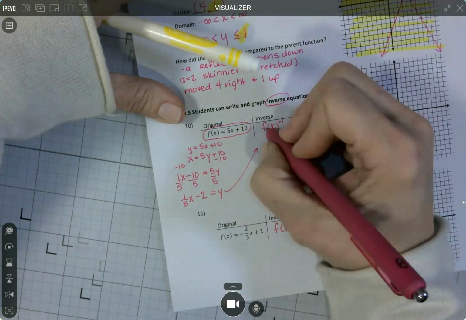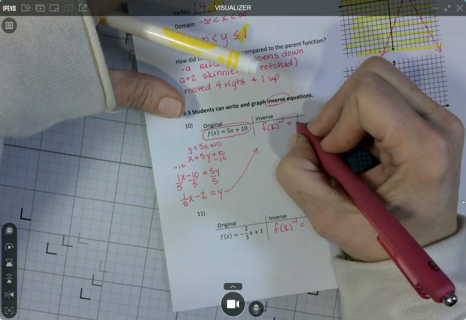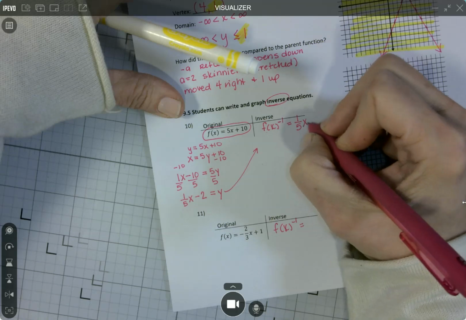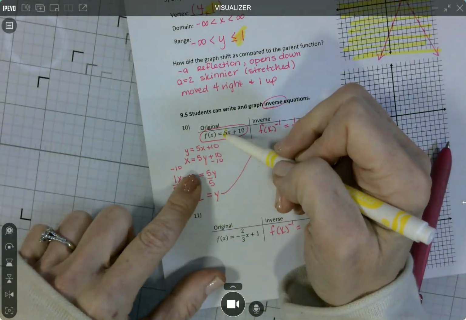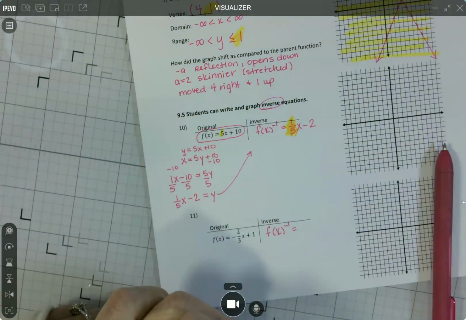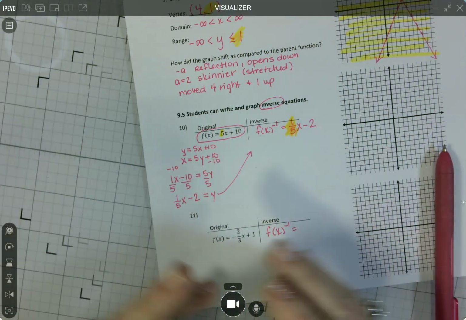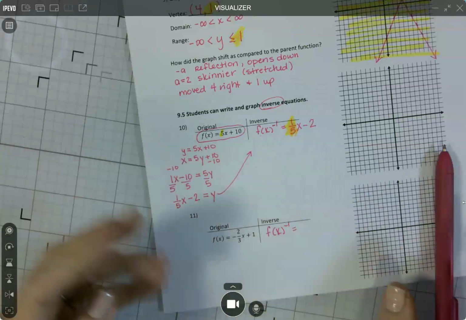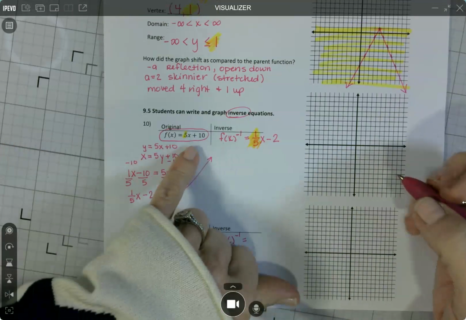And now I'm going to replace that up here. So 1 over 5x minus 2. And remember what we talked about, the slopes should be reciprocals. Okay? One should be flipped over from the other one. All right, let's go graph this.